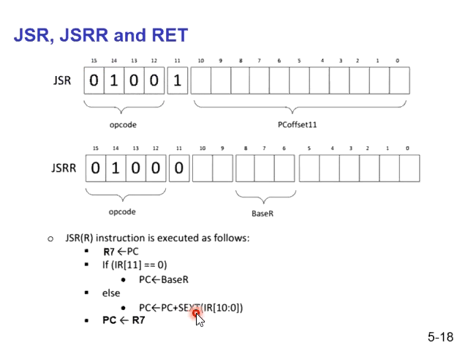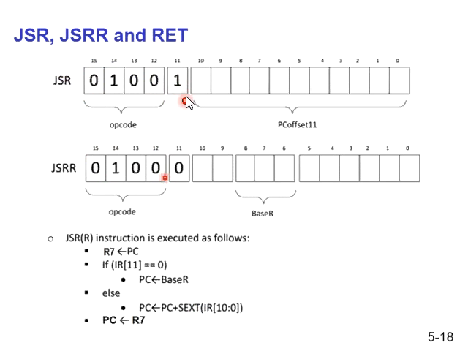And if you want to use the subroutine, you must use JSR or JSRR, jump to subroutine, with the base register. Of course, the opcode is 0100 for both, they're the same, but bit 11 is different.